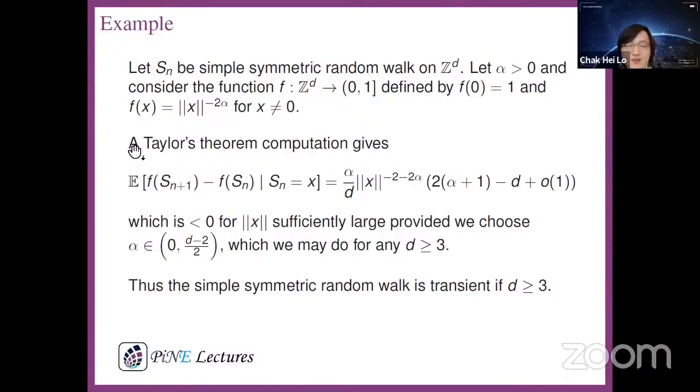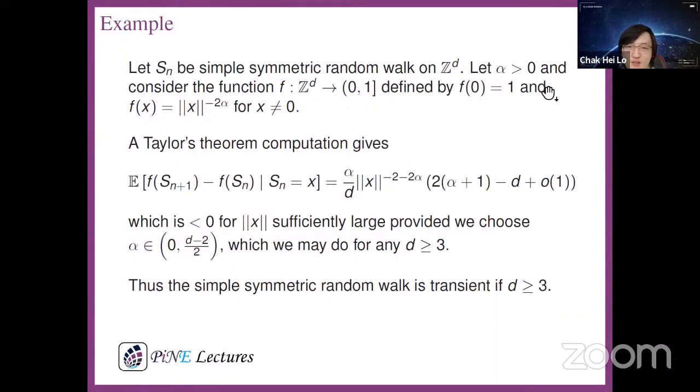Okay, so again, we do a Taylor expansion here. The Taylor theorem will give us the calculation here. So we want to calculate the expectation of f(S_{n+1}) minus f(S_n). So after the calculation, you have this quantity here. Again, we want to show that this is less than 0, for x sufficiently large.